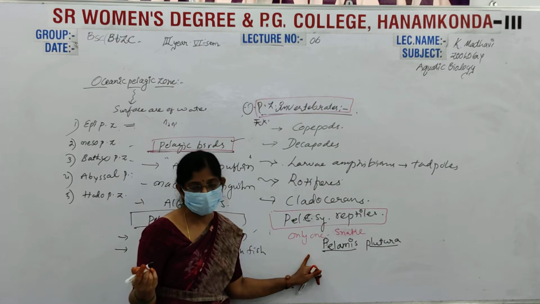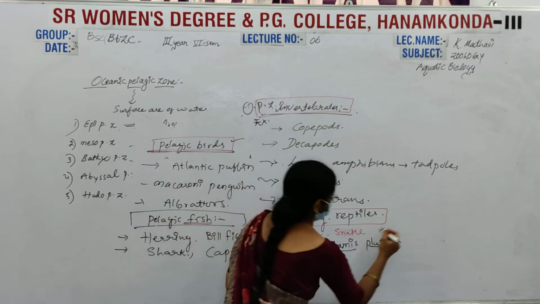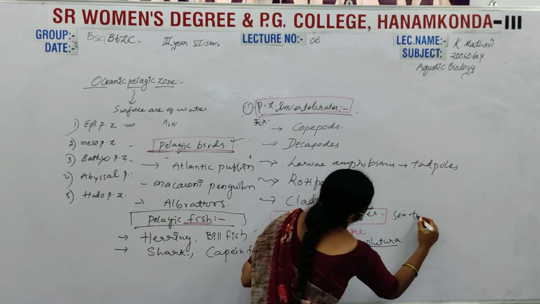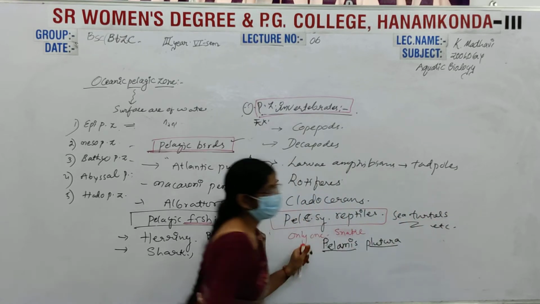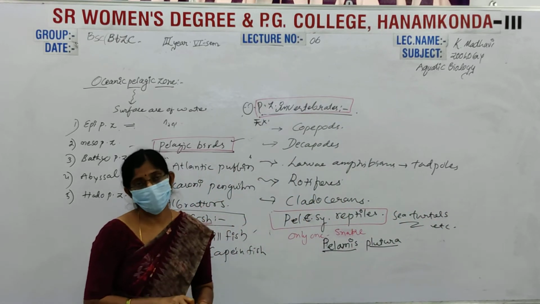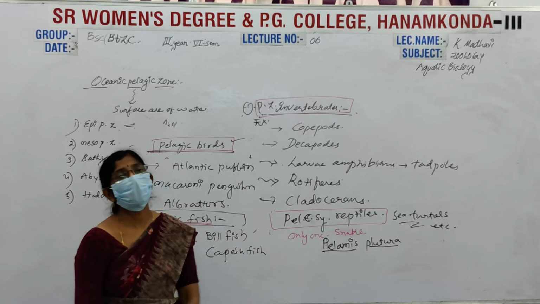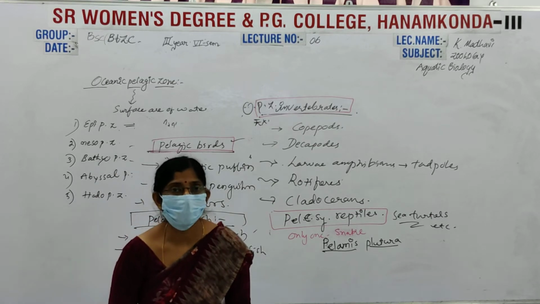And another one is sea turtles. These are the reptiles which are present in the oceanic pelagic zone.